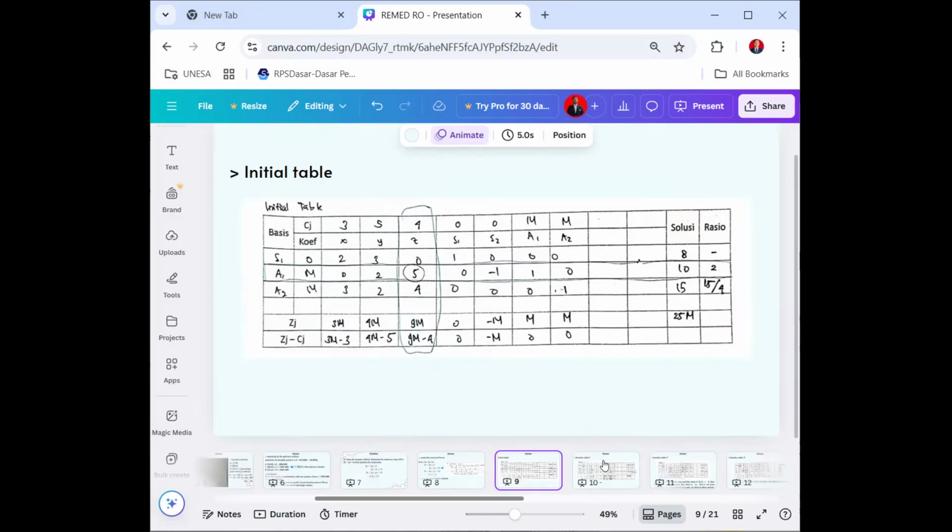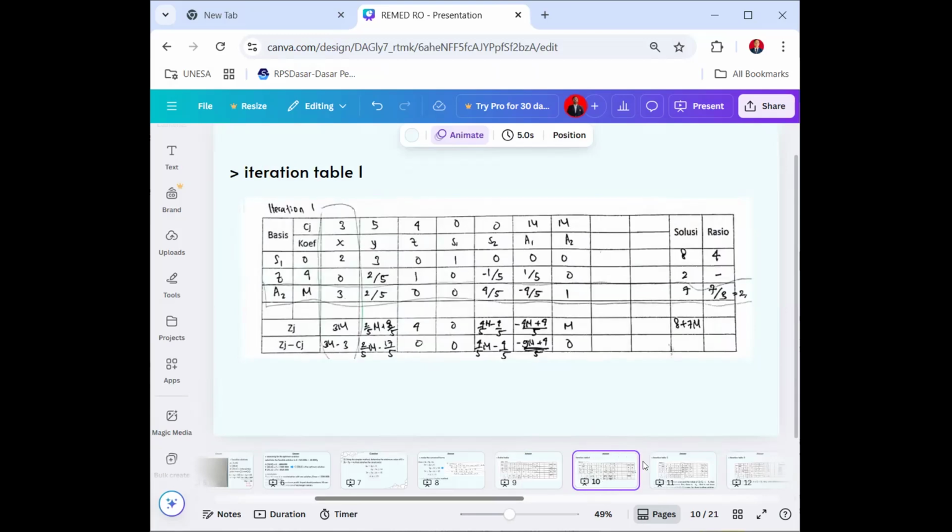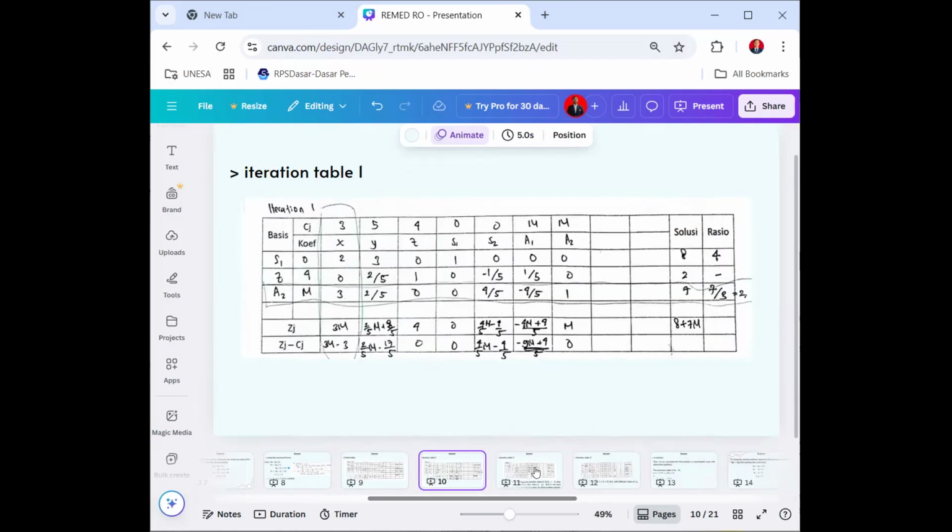And we do the same thing, which we call an iteration, until we find the table is optimum. And here the table is still not yet optimum.